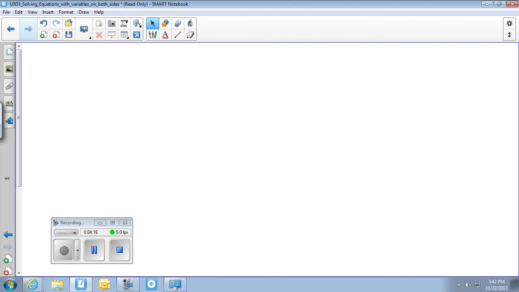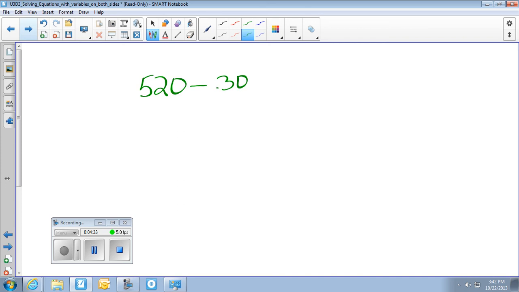A bicycle normally sells for $520, is on sale with a 30% discount. What's the sale price? Not the discount, the sale price. So really I'm looking at my price of $520 and subtracting 30%, or 0.30 of 520, would give me my sale price of the bike.